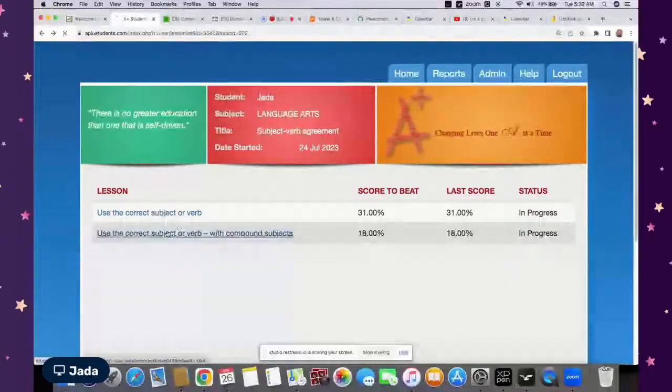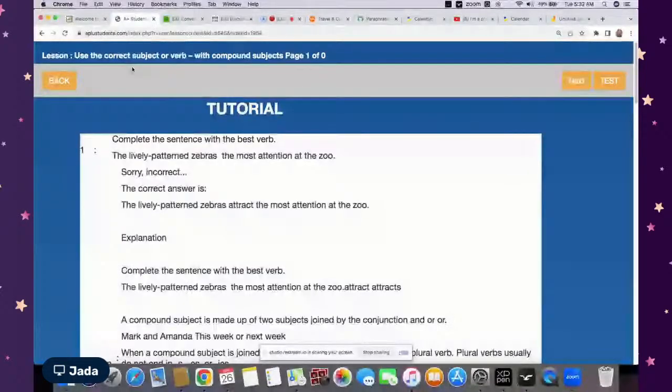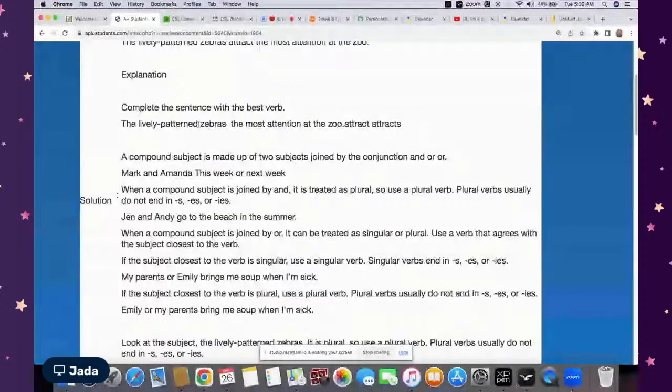Use the correct verb with a compound subject. So now this one is gonna have compound subjects. Okay? A compound subject is made up of two subjects joined by a conjunction, and or or.